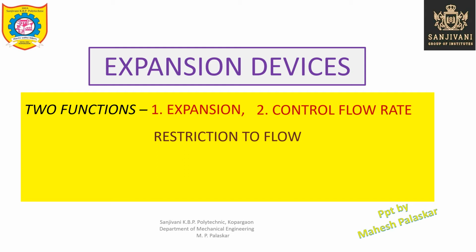But in vapor compression refrigeration system, it is not affordable to obtain the work of expansion, and moreover it is practically impossible to expand the liquid refrigerant. And due to these difficulties, we are not trying to obtain the work of expansion in the expansion device, but we are just providing the restriction to the flow, and due to the restriction to the flow, the expansion is taking place.